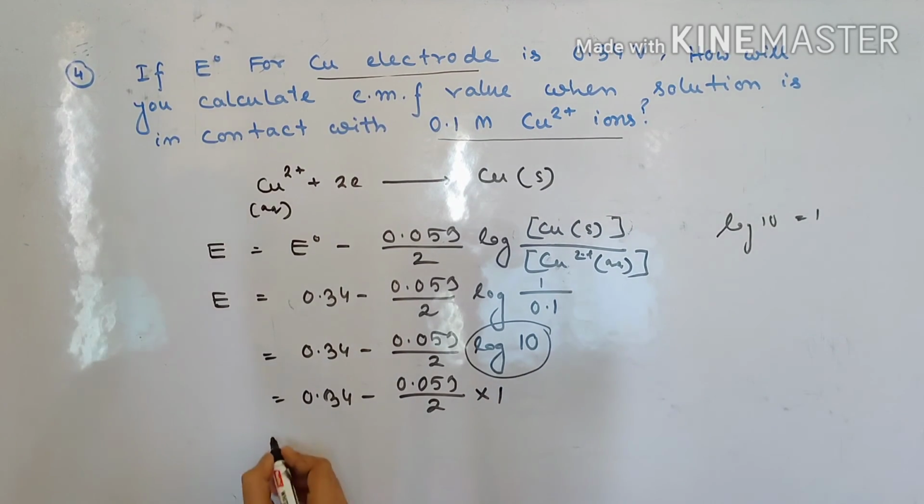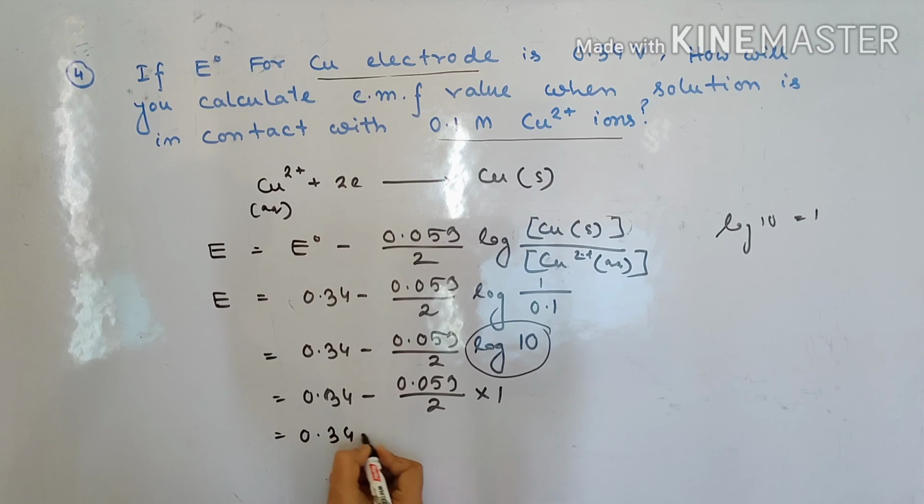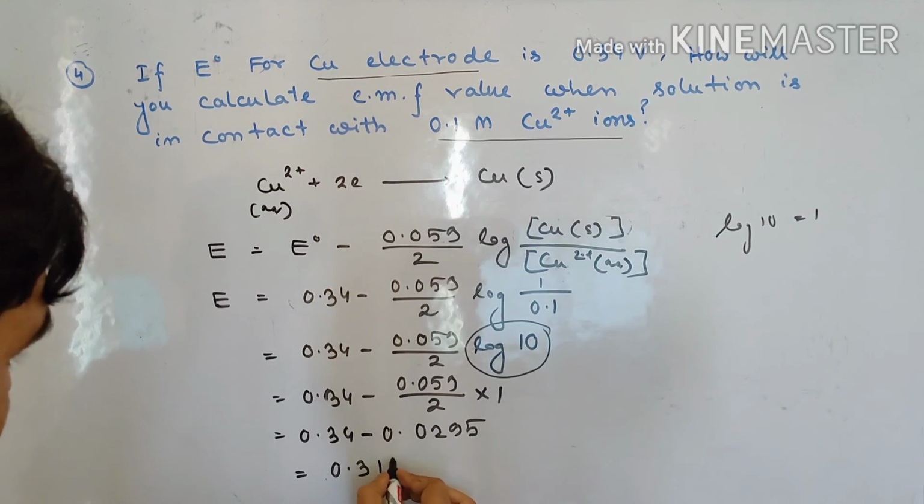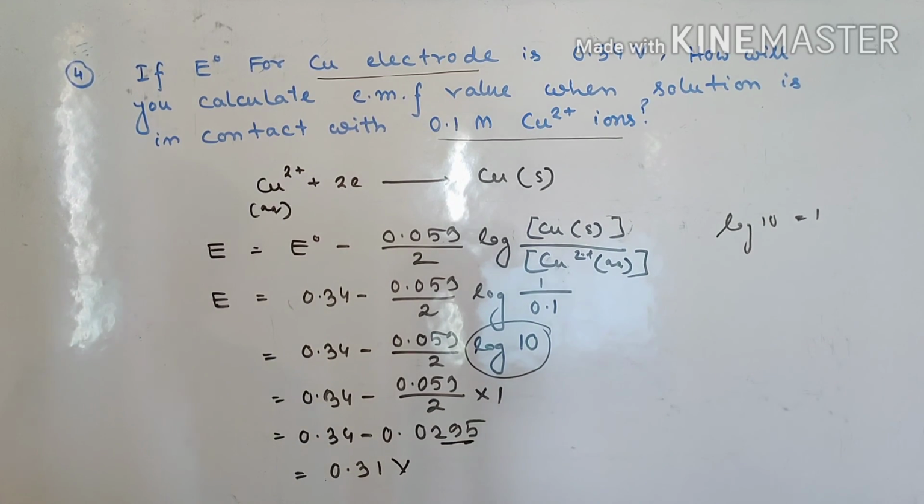So how much you are getting? It is 0.34 minus, if you take this value, it will be 0.0295. So the answer we are getting as 0.31 volt, almost. So it is 0.31 volt. This is the E cell value.